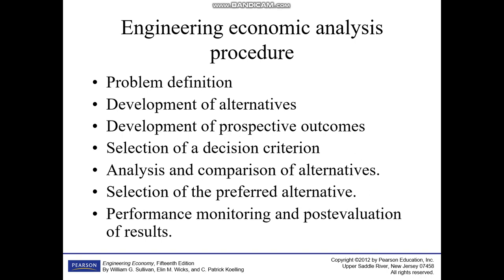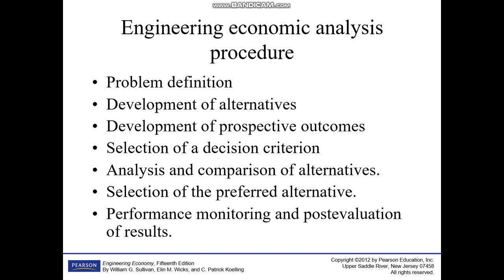Okay, and step number 3: we develop the outcomes and cash flow for each alternative. Okay, the outcomes and cash flow of each alternative. Step number 4: we select the criteria.